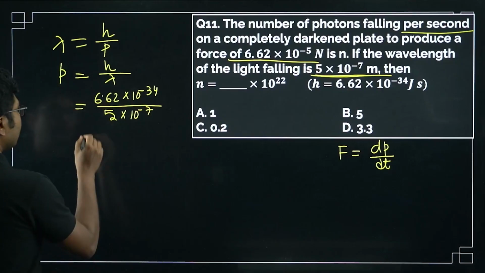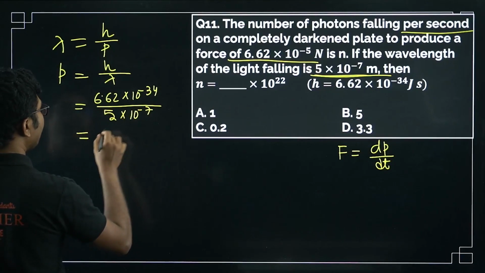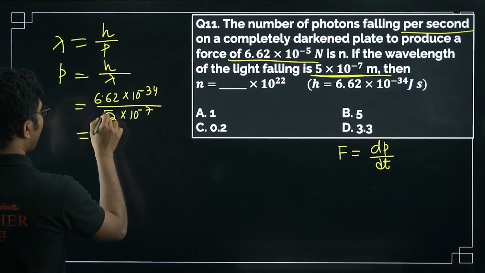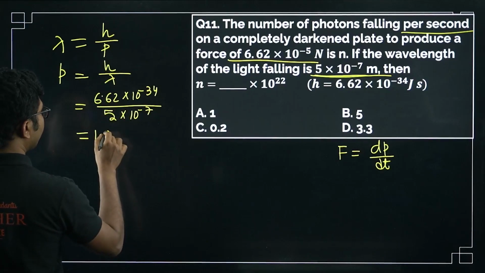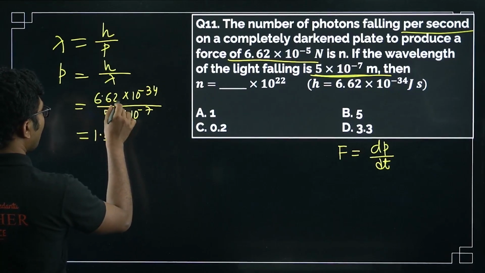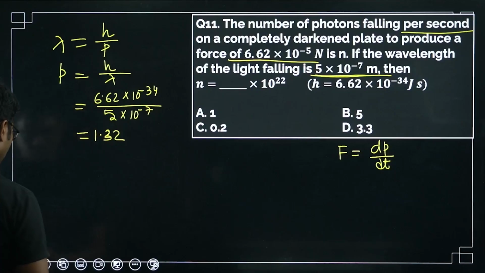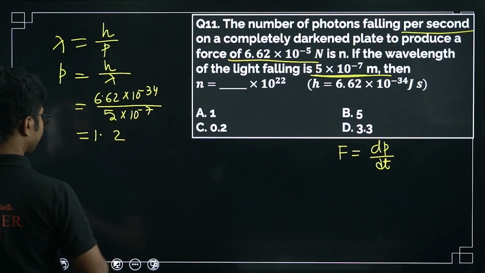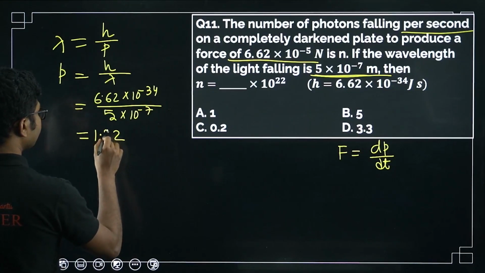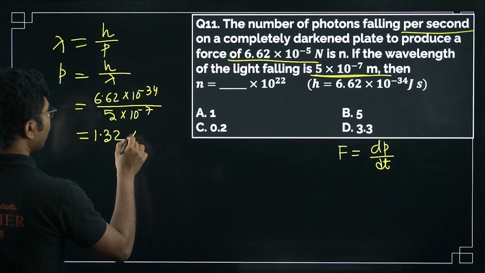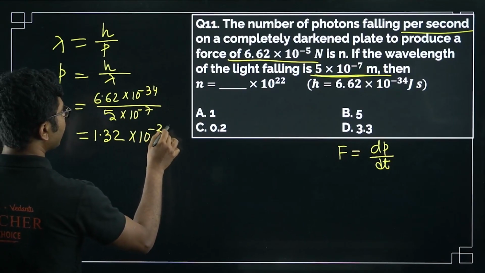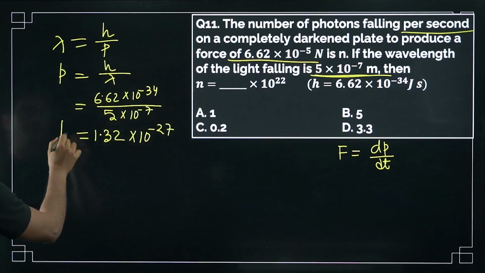Now here we get 5 ones are 5, 3 fives are 15, 5 twos are 10, so it will be approximately 1.32 into 10 to the power of minus 27. So this is the momentum of the photon.